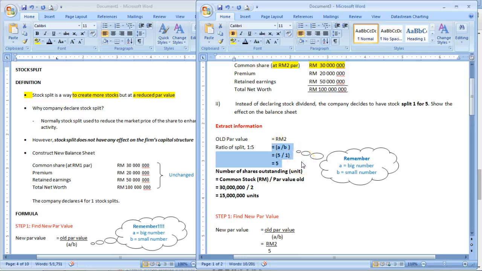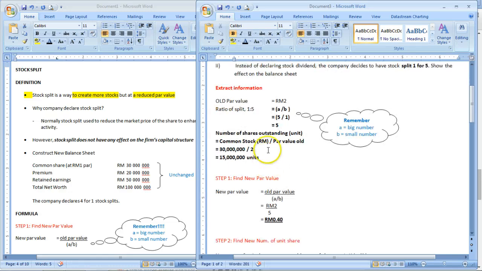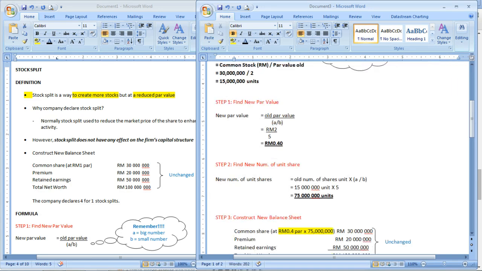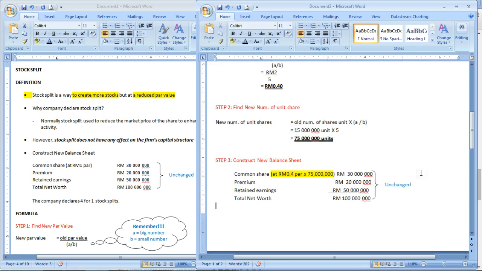So please remember, class: extract the information, old par value, ratio split A divided by B, and your number of shares outstanding in units, this is for the old. Then you can start to calculate. This is compulsory to put in your exam. If you want to construct a new balance sheet, you need to show me this in the new balance sheet to get your working marks.